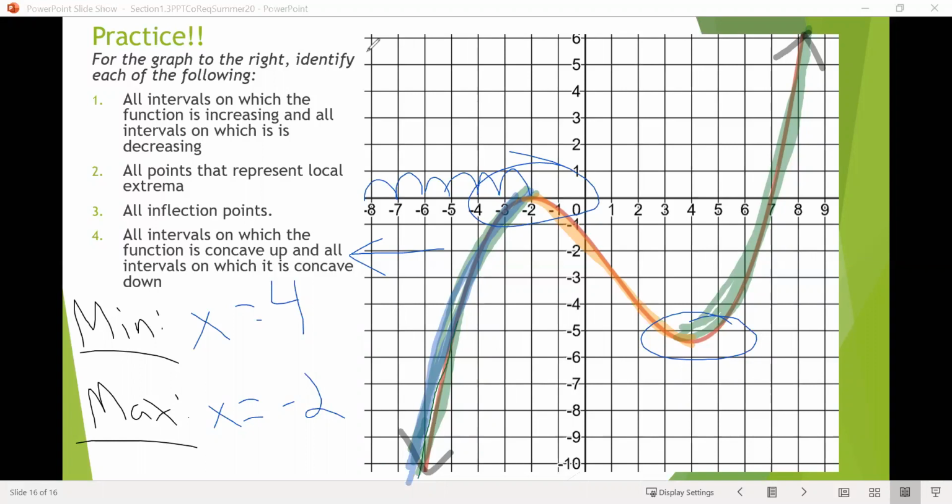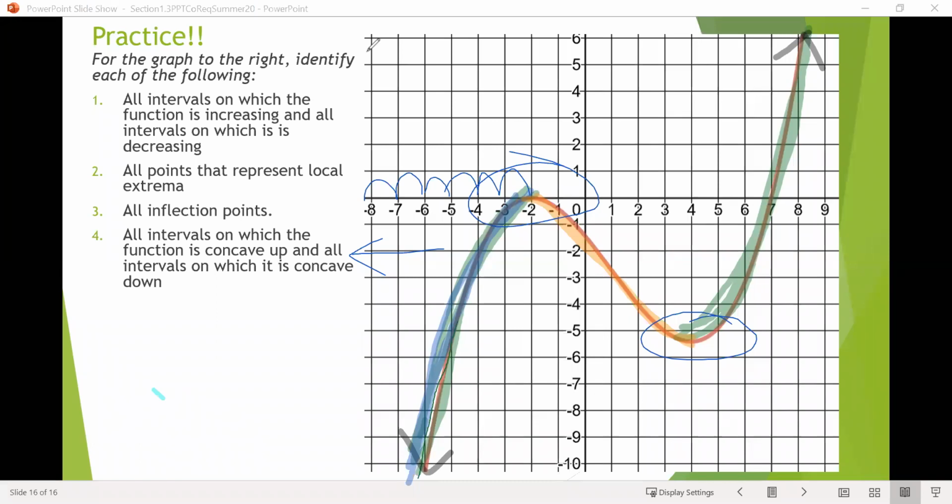All right. The next thing then, based on the instructions for number 3, is to identify all inflection points. Okay, an inflection point is where the graph changes from concave up to concave down, or concave down to concave up. Now, as I mentioned, it's sometimes hard just looking at a graph to figure out where the inflection point is.